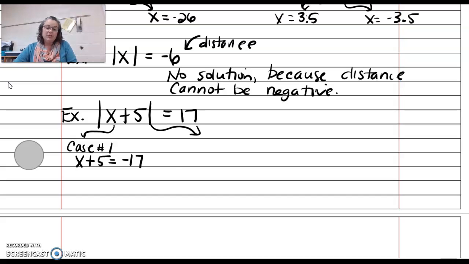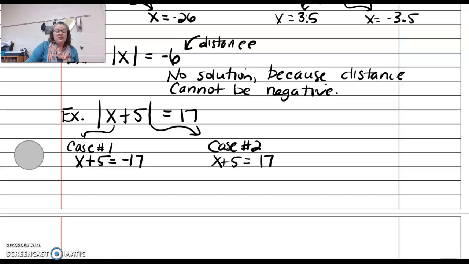And then case number 2, x plus 5 is equal to 17, to the right of our middle number. And notice I didn't put my absolute value signs here because I do have this all split up now into two things, which is good. I got my negative side of the story and my positive side of the story.